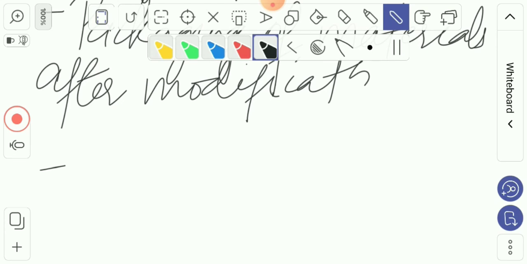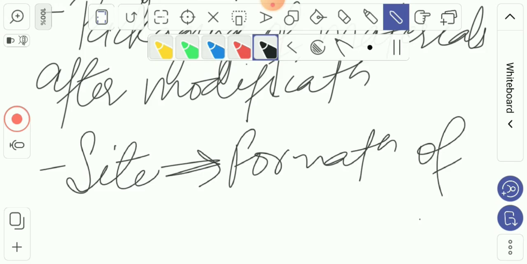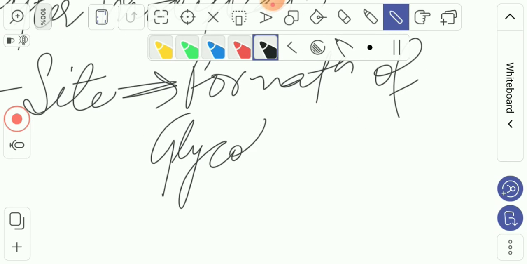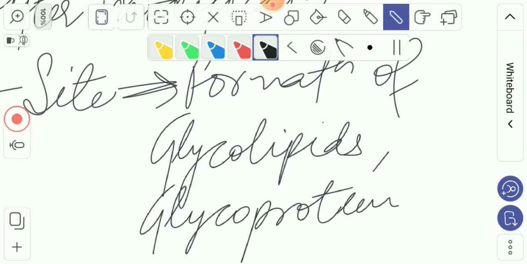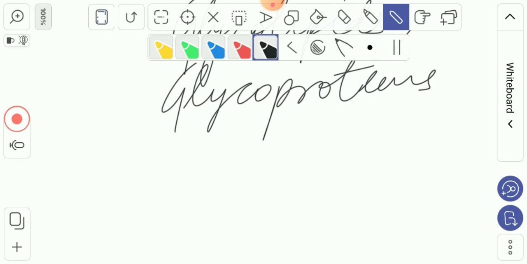Second thing, it is a major site for the formation of glycolipids and glycoproteins. So remember this. This is an important point.